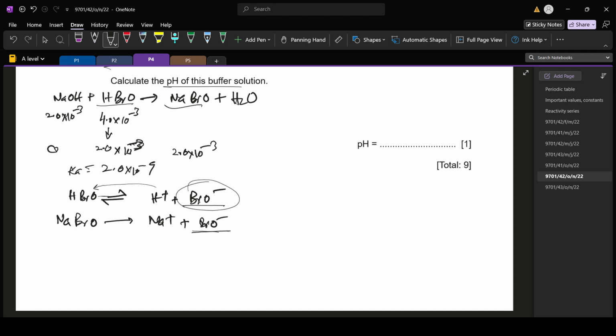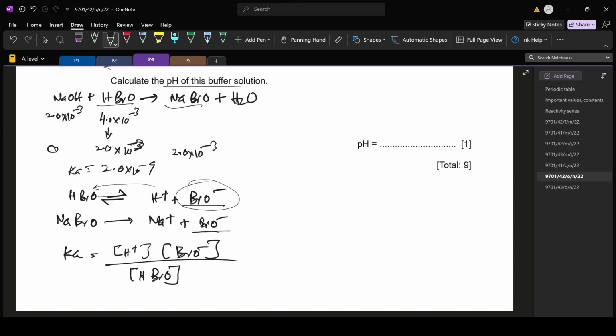We will consider the concentration of BrO minus from NaBrO. So again write the expression of Ka. Ka is equal to concentration of H plus ions multiplied by concentration of BrO minus divided by concentration of HBrO.